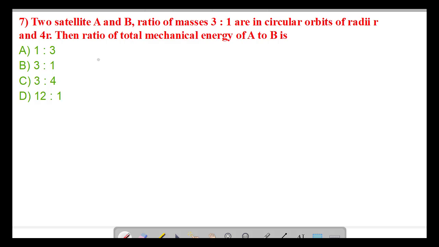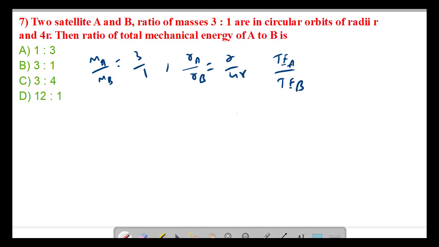The ratio of the masses is given, so I will write it as mA upon mB, equal to 3/1, and the ratio of the radii of their orbits, rA upon rB, is given as r upon 4r. So what about the total mechanical energy? We have to find TEA upon TEB.